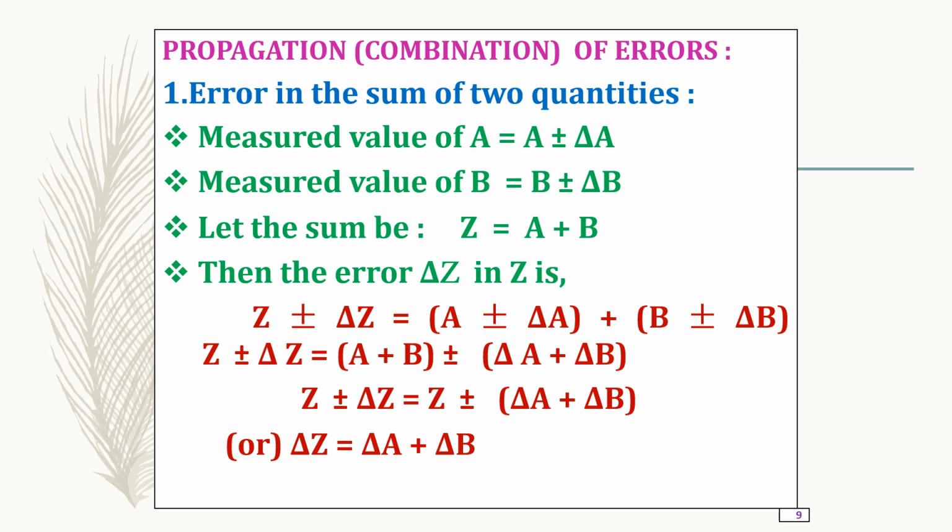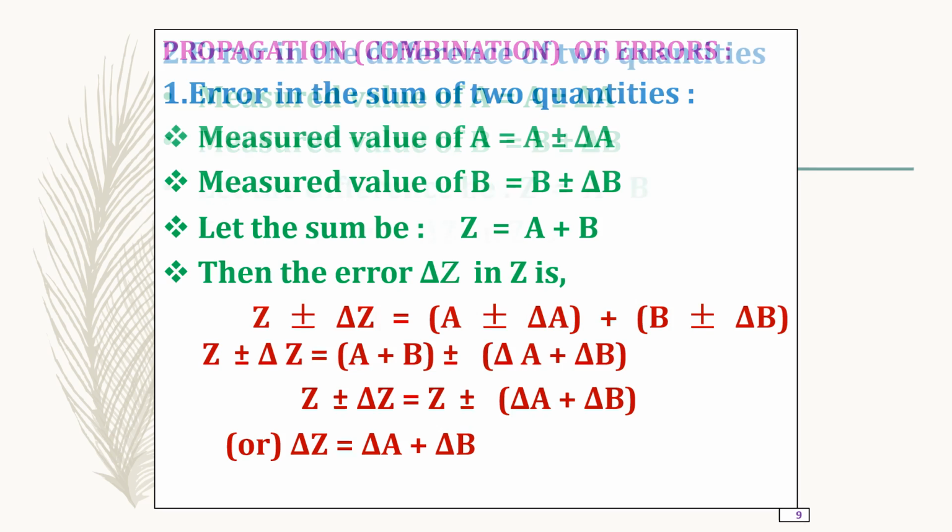So we get Z plus or minus delta Z equal to Z plus or minus delta A plus delta B. Now when I bring Z to the other side it becomes negative, so Z gets cancelled. So we get delta Z equal to delta A plus delta B, which shows that the maximum possible error in the sum of two quantities is equal to the sum of the absolute errors in the individual quantities.